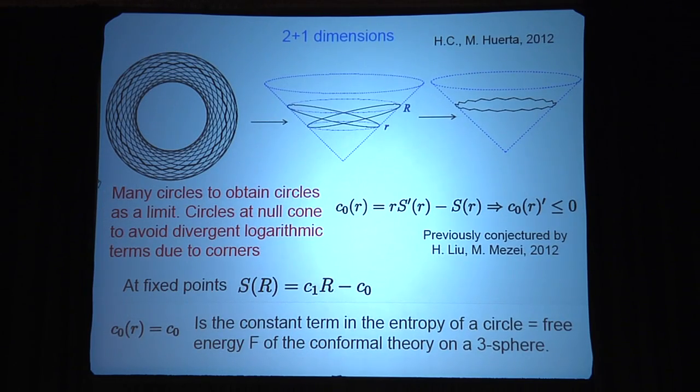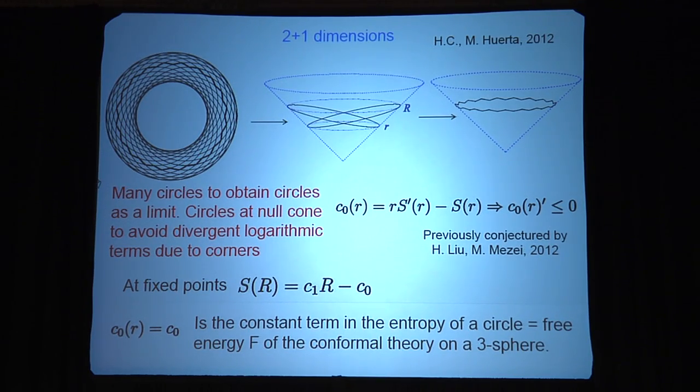One can play the same trick in 2+1 dimensions. Now we need an entropy that depends on only one size. For example, the simplest and most natural choice is a circle. And we have the strong subadditivity inequality between circles, but now we have to use many circles and take the limit of infinitely many rotated circles in order to get, as intersections and unions in the strong subadditivity inequality, something converging to a circle.